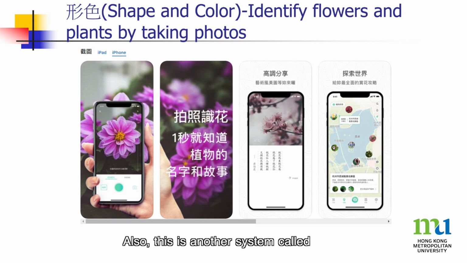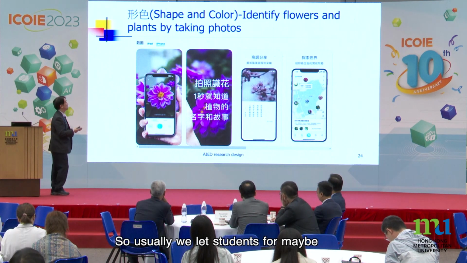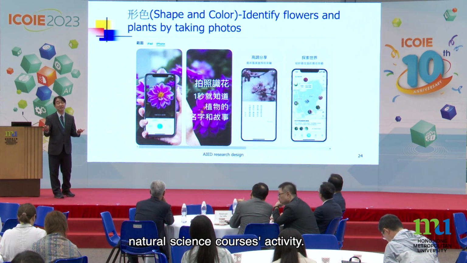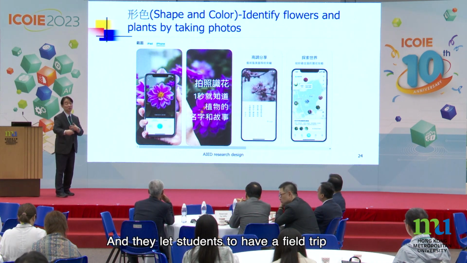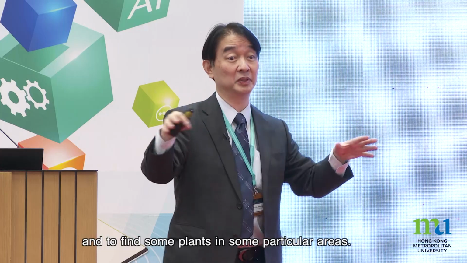Also, this is another system called Xing Se, shape and color. It uses image recognition technology to recognize the flower or plant you found on the field trip. Usually we have students do this for natural science course activities, going on a field trip to find plants in some particular area.